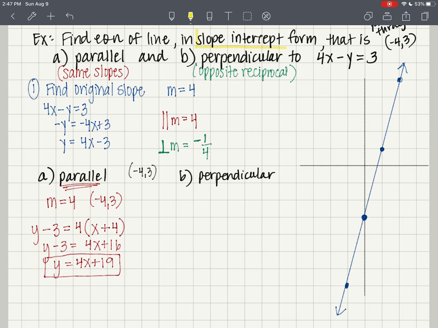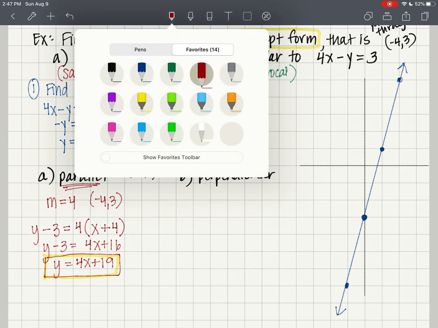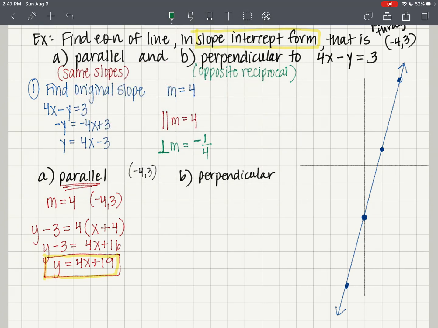Now, it helps to make sure at the very end that your answer is in the form they asked for, slope-intercept form. Perpendicular would have a slope of -1/4, and it's still going through the point -4, 3.